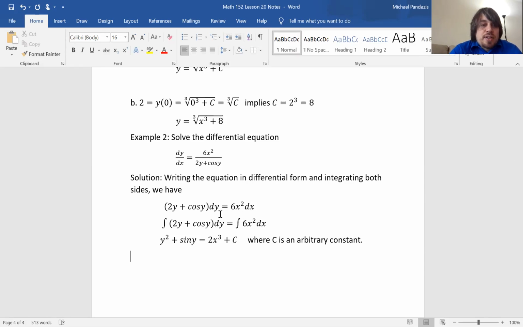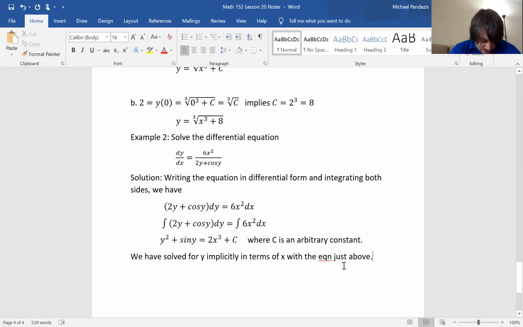Okay, and so we have solved for y implicitly in terms of x, with the equation just above.